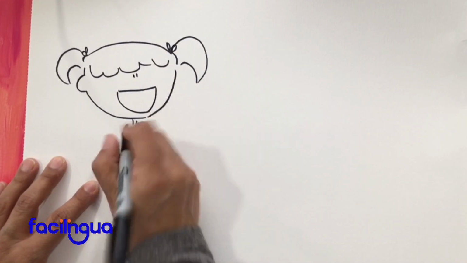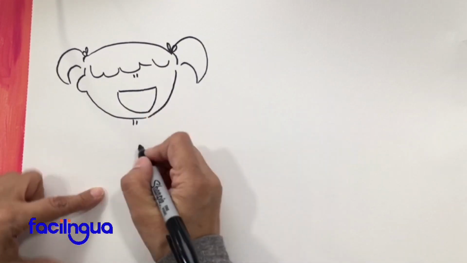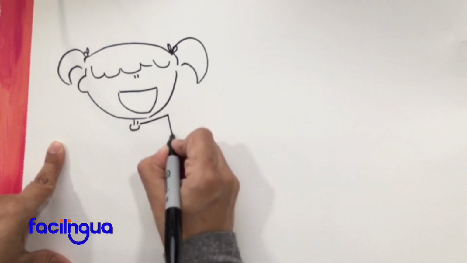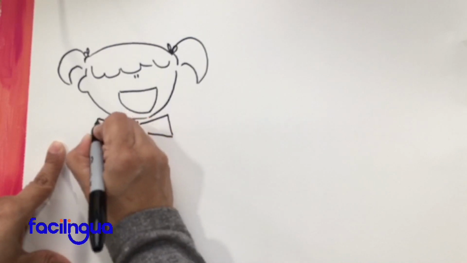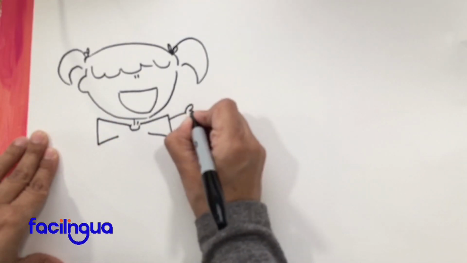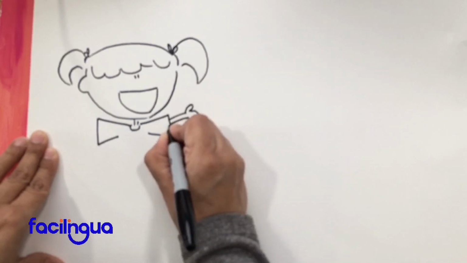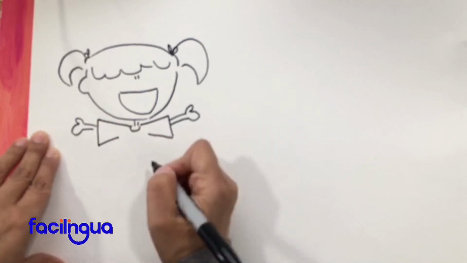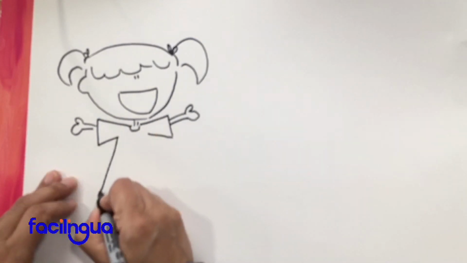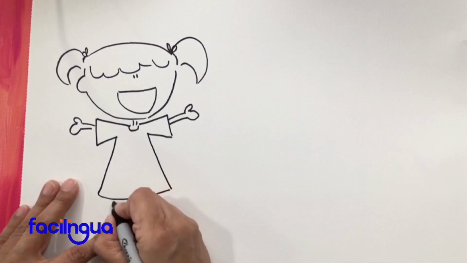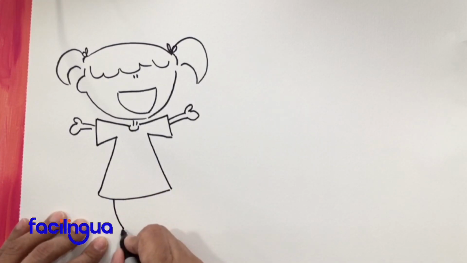So now we are going to draw her body. Arms, two arms, and legs.